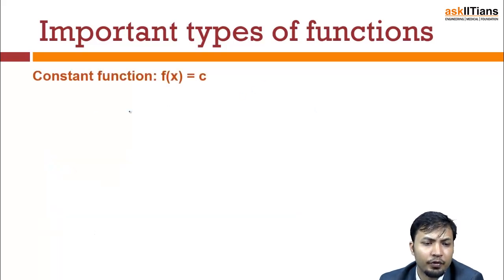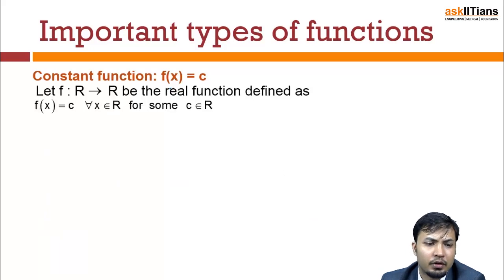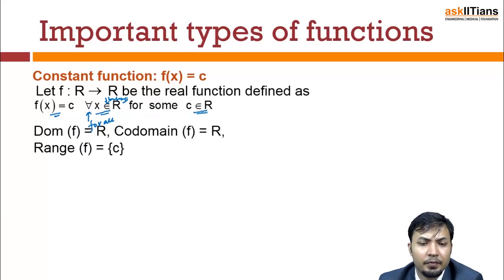Now moving on, the next function is the constant function. For any function from R to R, let it be a real function which can be defined as f(x) = c for every x belonging to R. You see, this signifies for all, this signifies belongs to, in R, for some c that belongs to R. Then the domain of f will be R, the codomain will also be R, and the range is the constant value that it is getting.